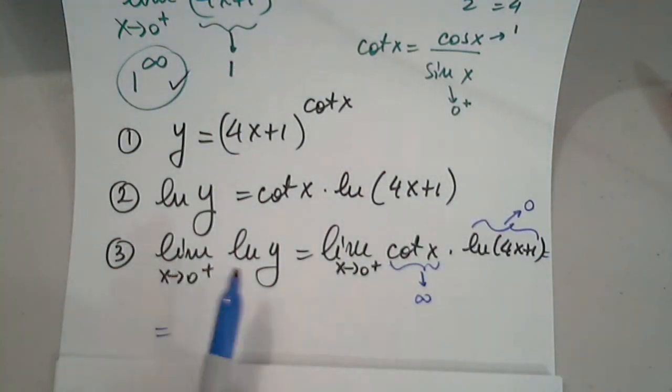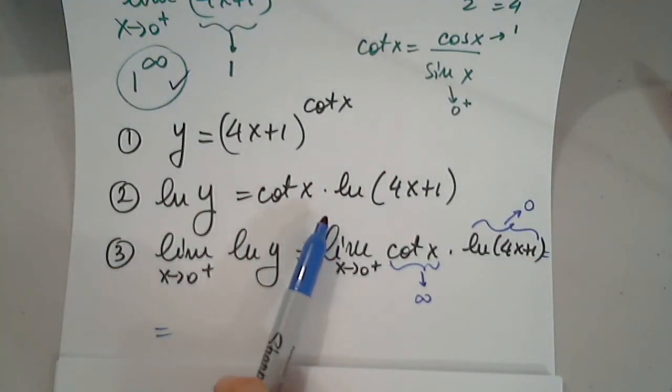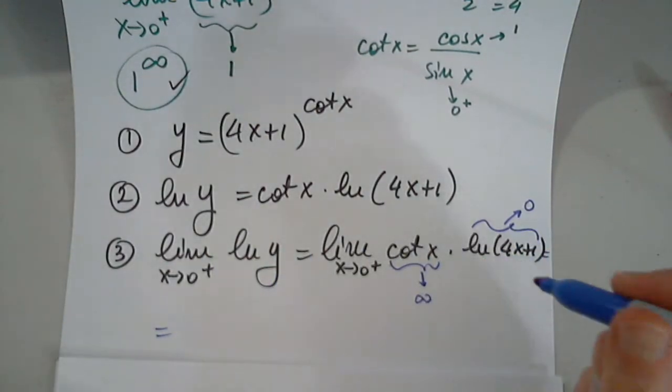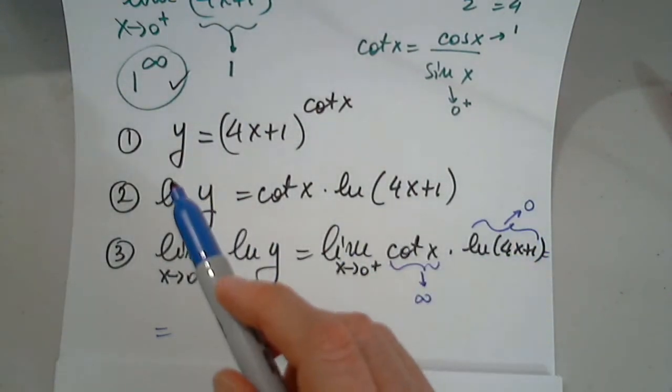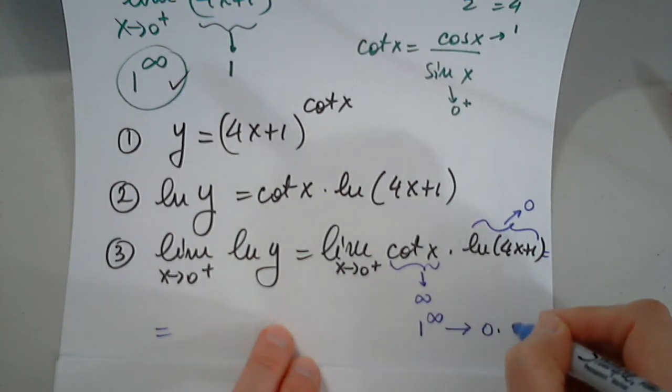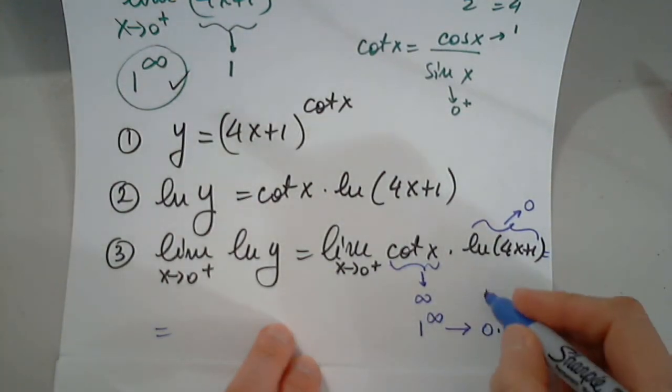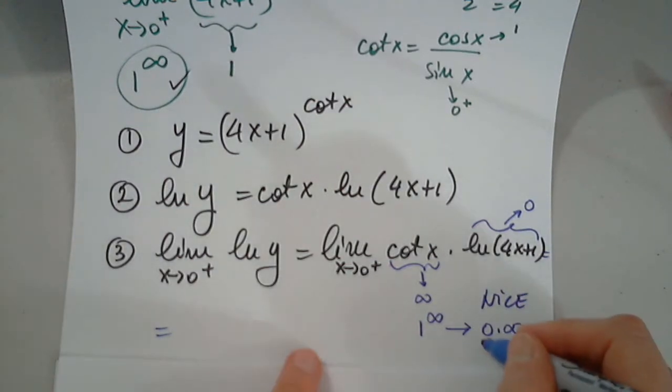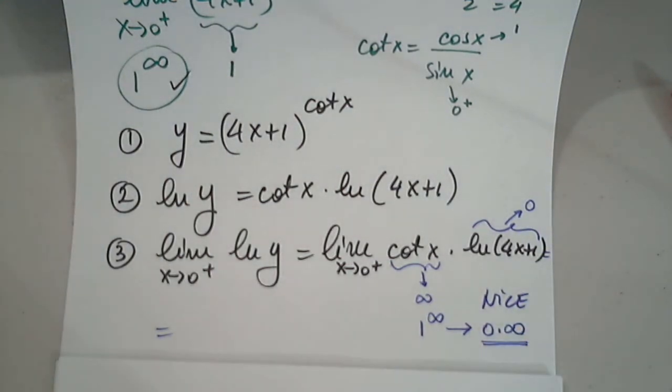By simply applying the limit to the natural log of the function, I reduced the power 1 to infinity. I reduced it to 0 times infinity. Nice. Much nicer.